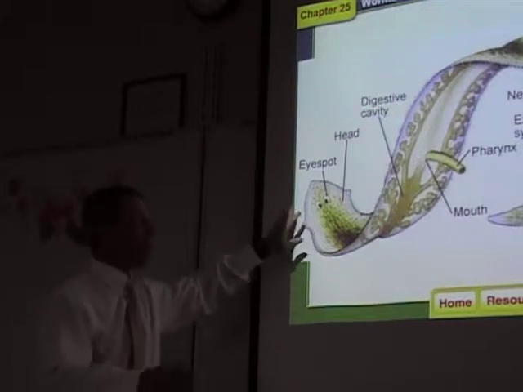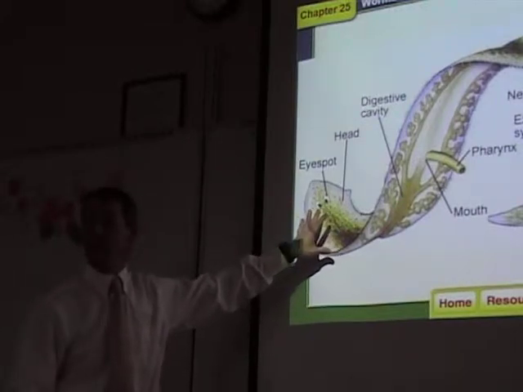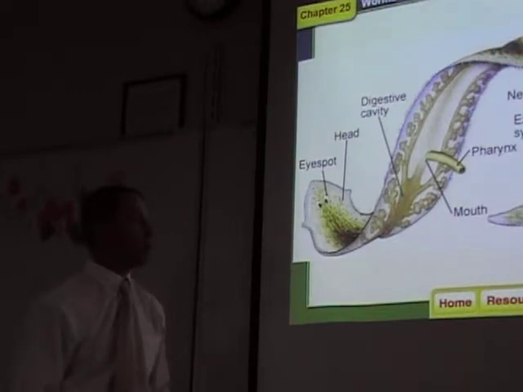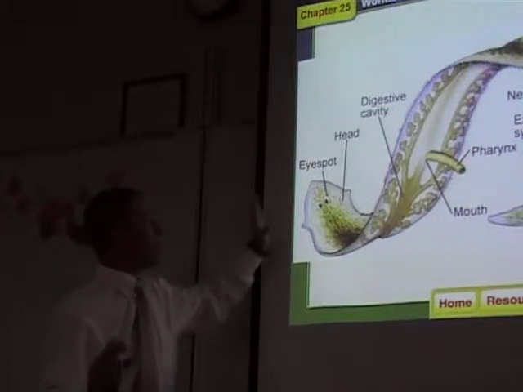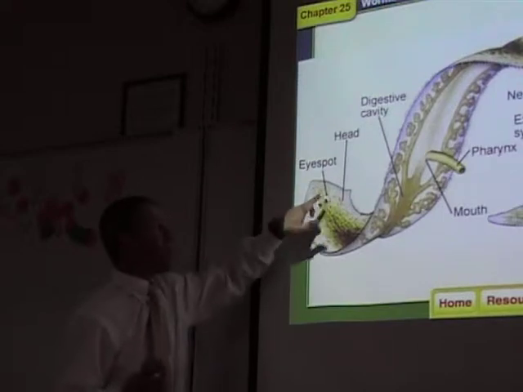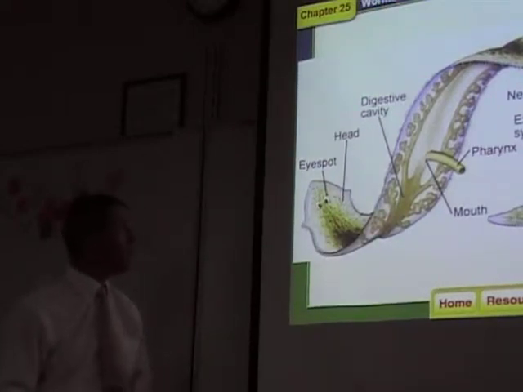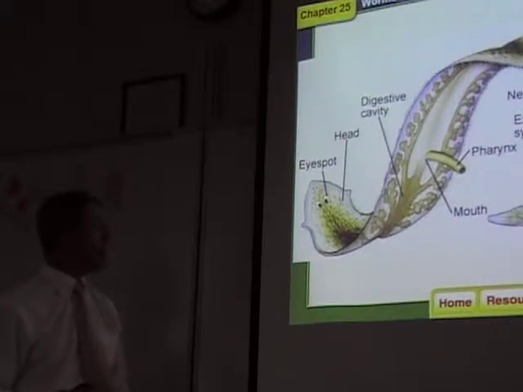If it's swimming, most of these are in the ocean. There's only one land form. All the rest of them swim around in water, freshwater or ocean. But anyway, if some shadow comes over them, their eye spot can detect it and they can try and get away. That means something might be coming to eat them.